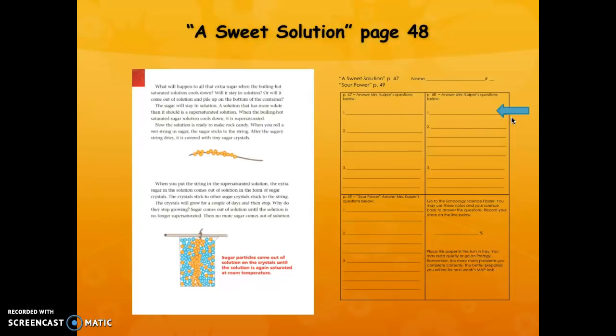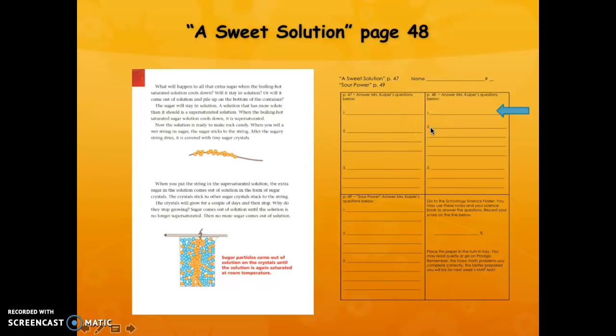It's basically, the word that I'm looking for is when there is extra sugar because the water is hotter. And then when that water cools down, it is what? Write that word in blank number 1. If you're confused, you might want to go back and look at the second paragraph. And I mentioned the word several times on this page. Stop the video if you need to.